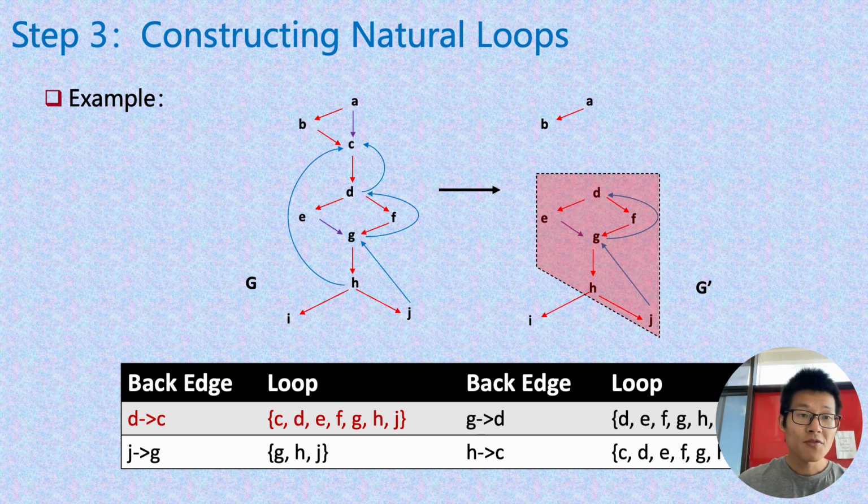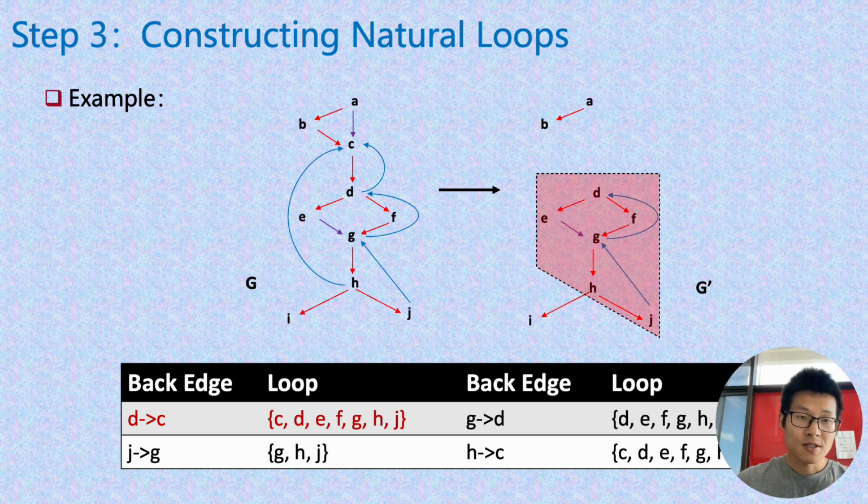We still use the flow graph used in previous slides, G, and we check how to construct the natural loop for the back edge D to C. We first delete node C in G and obtain the G prime here. In this flow graph, all the nodes that can reach the tail node D are shaded in red.